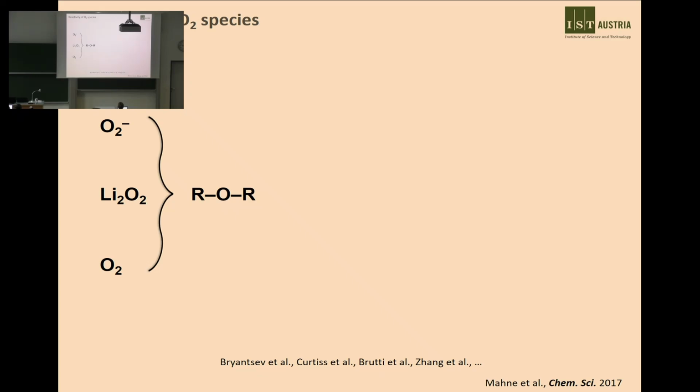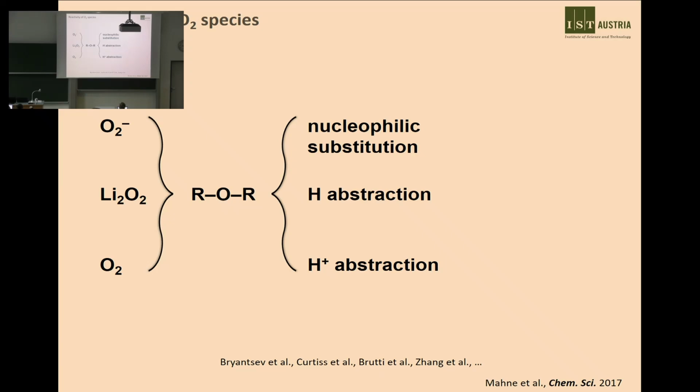But then theoreticians came to help, and they calculated the reaction energies of a typical solvent moiety, like an ether, with any of those compounds that we find, either intermediates or final products. So this can be the nucleophilic substitution, or H-atom abstraction, or proton abstraction.